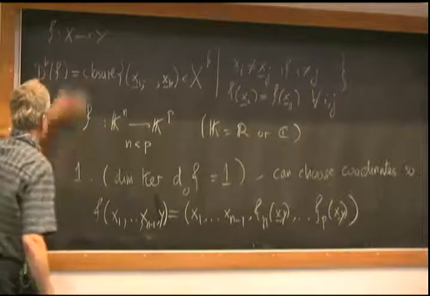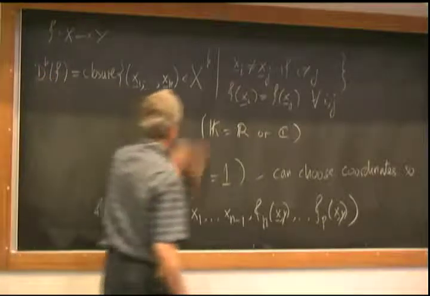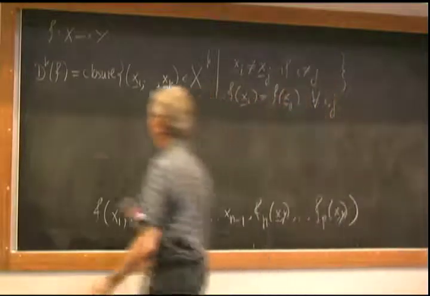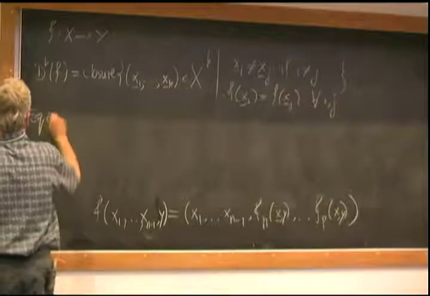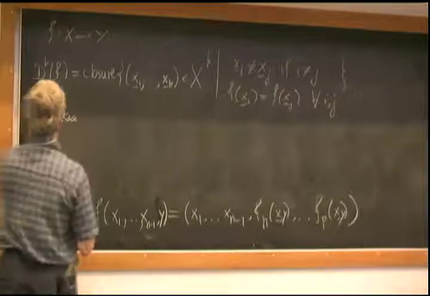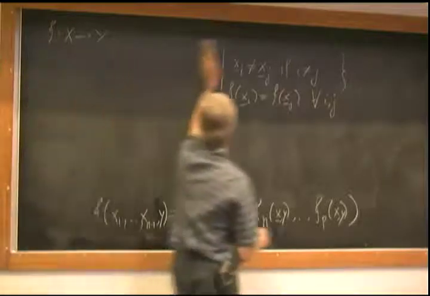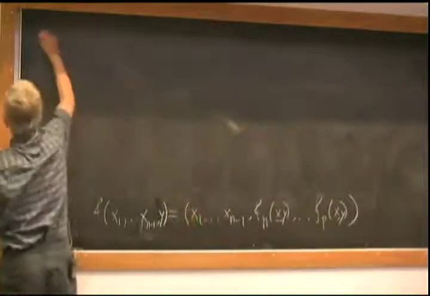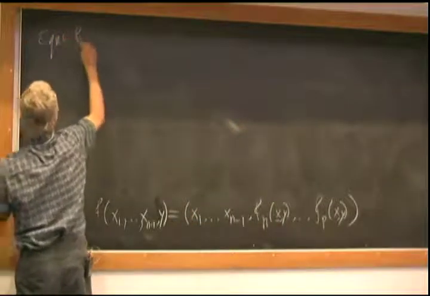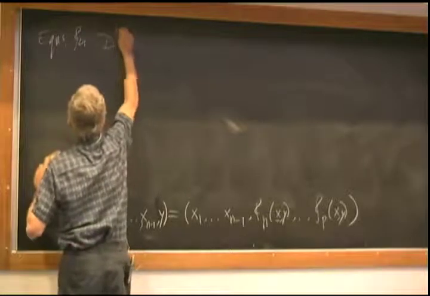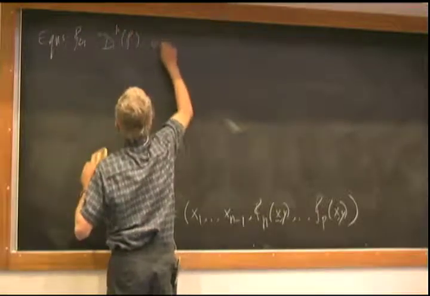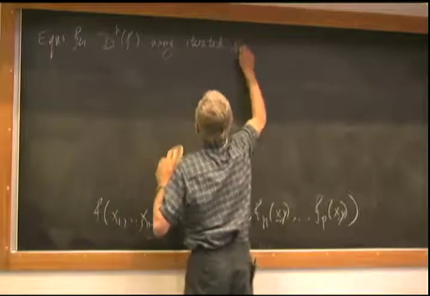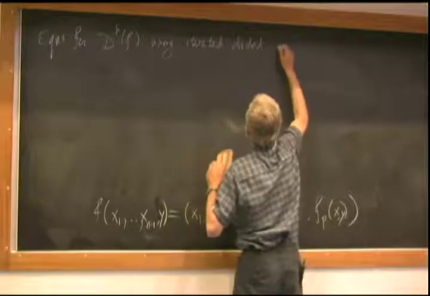So, we get equations, so let me rub this out. I don't really need to have all that there. Equations for d^k f using iterated divided differences.